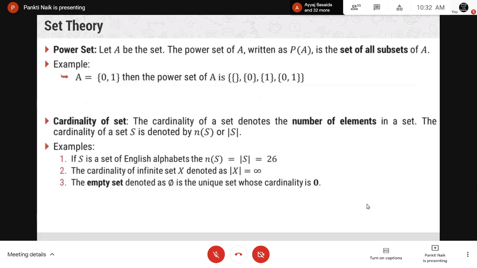Next is power set. The power set is the set of all the subsets of a set.